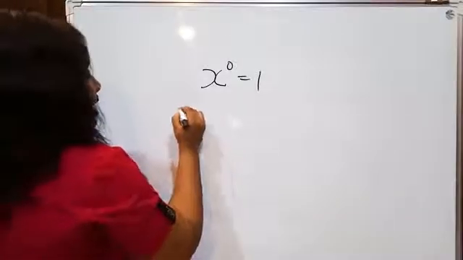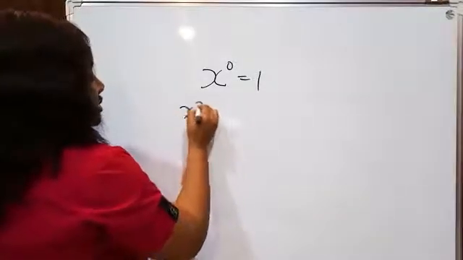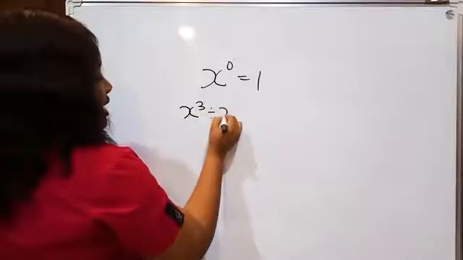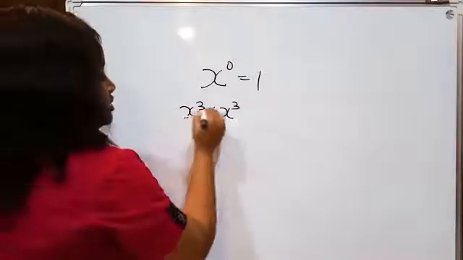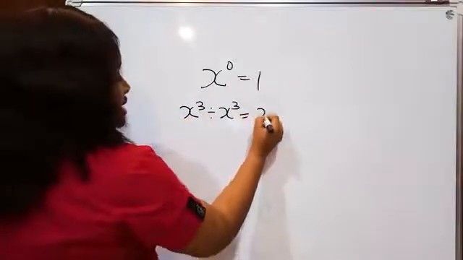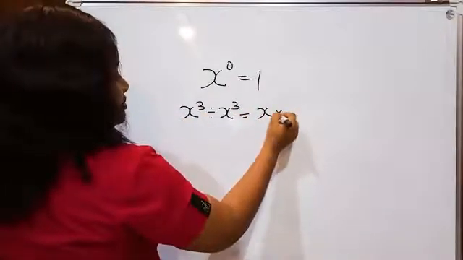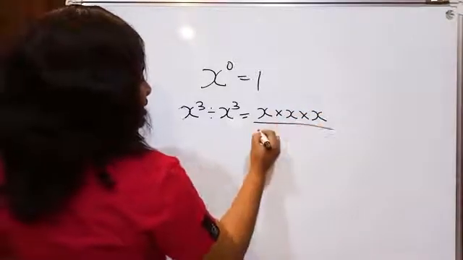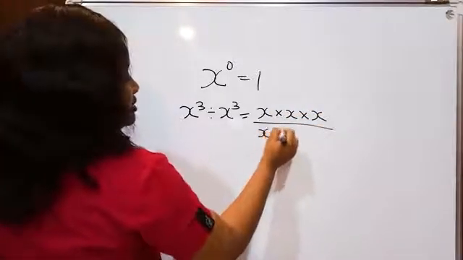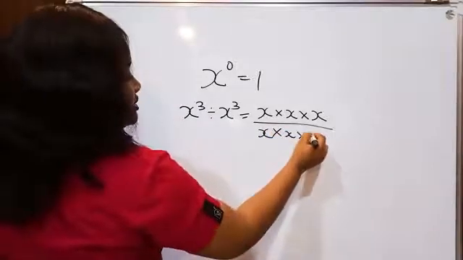You have x raised to the power 3 divided by x raised to the power 3. That is the same thing as saying x times x times x all over x times x times x.